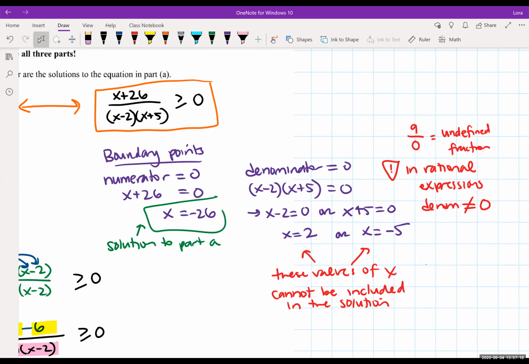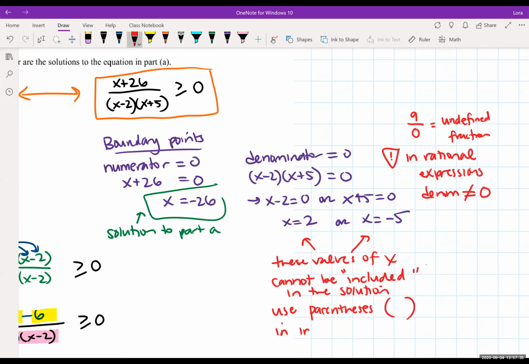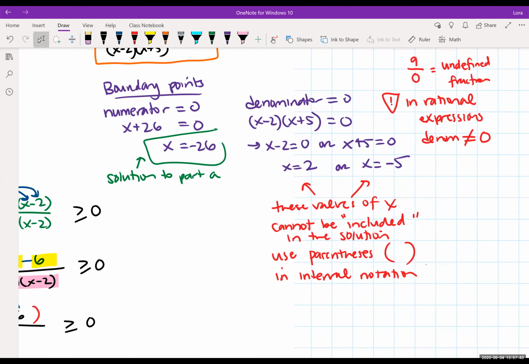But what I mean by included, I digress, you must use parentheses. What I mean, those are parentheses in the interval notation for these. So we will be including these in terms of describing what the regions are, but we have to use parentheses no matter what.